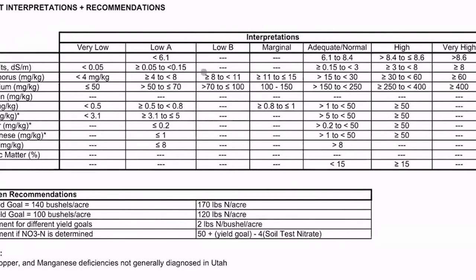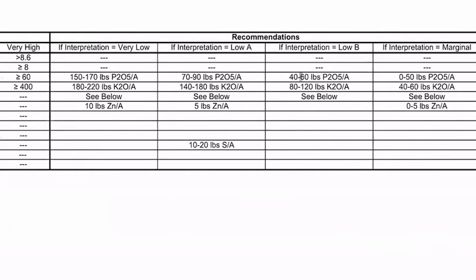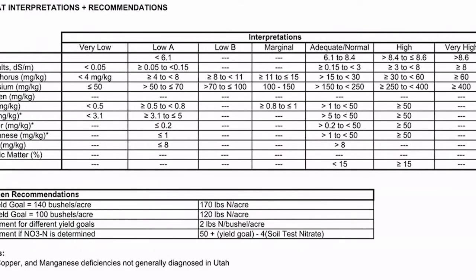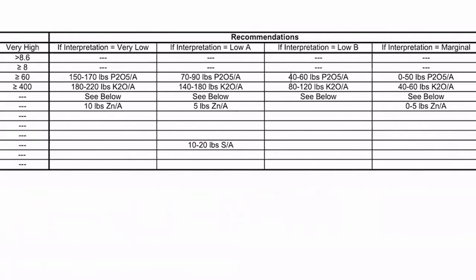If I'm at the low end of low, then over in the recommendation, I want to be at the high end of application. If I'm at the high end of soil test within that category, then I can probably get away with being at the lower end of that range in terms of the recommendation for the nutrient.